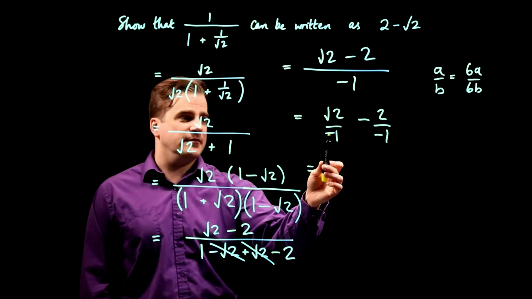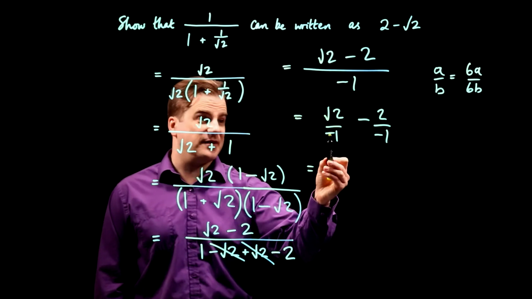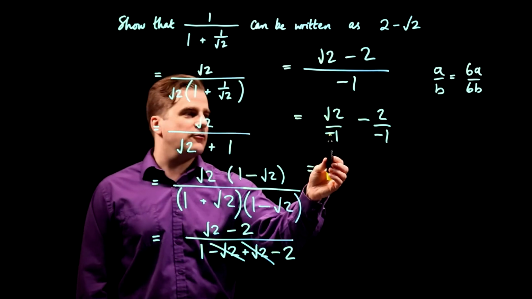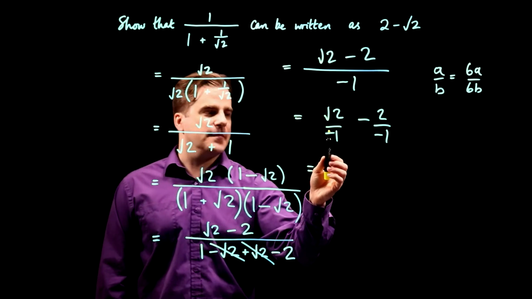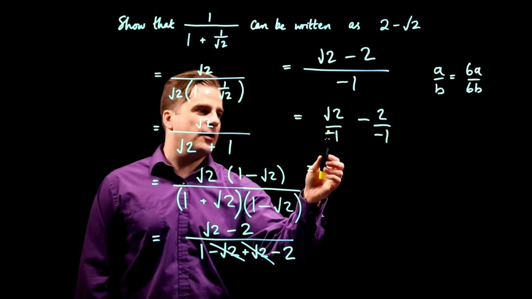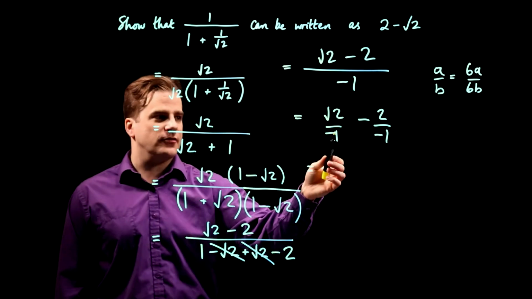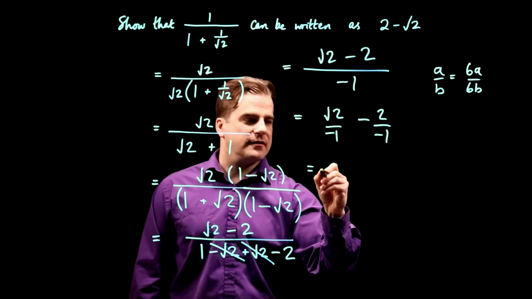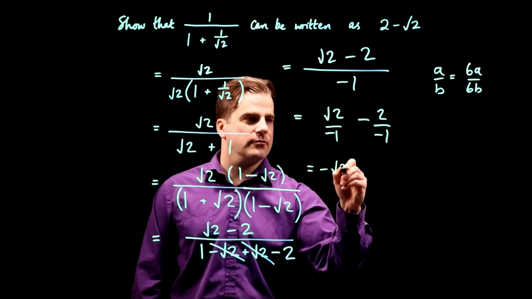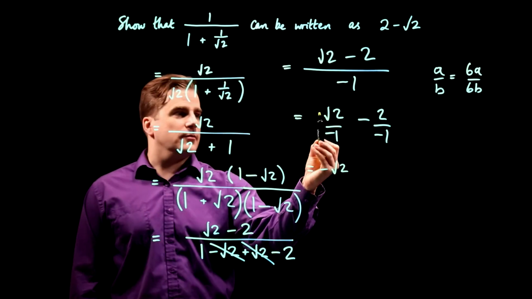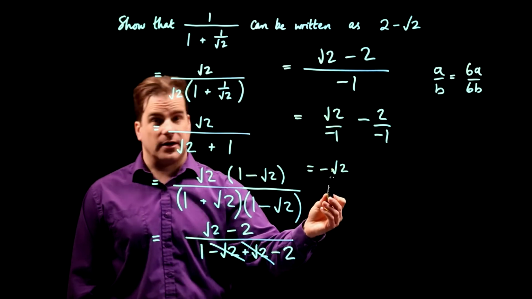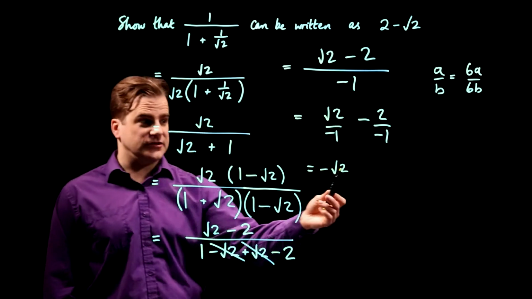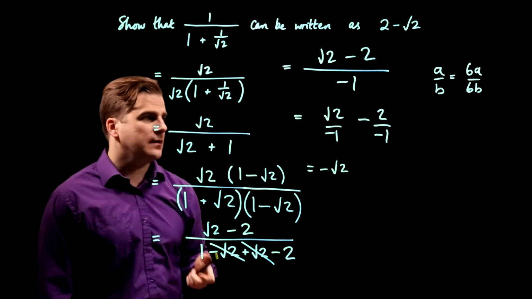The minus could be on top really, so you can just write that as minus root 2 over 1. Going from root 2 over minus 1 to minus root 2 over 1, just multiply top and bottom by minus 1. That's minus root 2, because minus 1 times root 2 is minus root 2, and minus 1 times minus 1 is 1, so that's effectively over 1, which is just minus root 2.